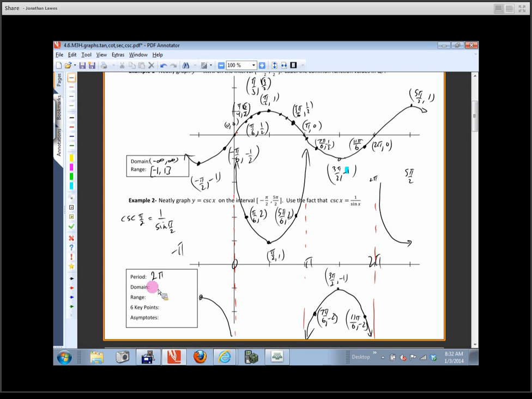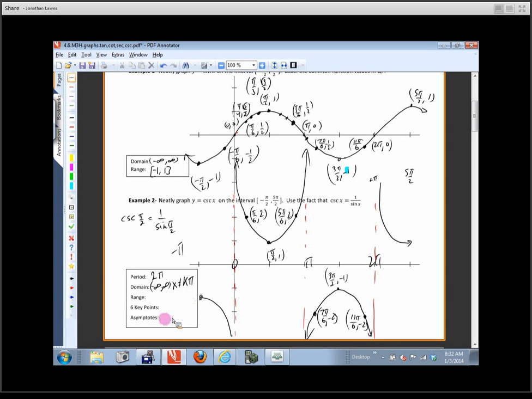So we could say it's all reals, negative infinity to infinity, as long as x is not equal to, and this is how we'd write these asymptotes down, kπ, and k can be any integer. So pick any positive or negative whole number, including 0, put it in for k, and that will be a number that we can't plug in.